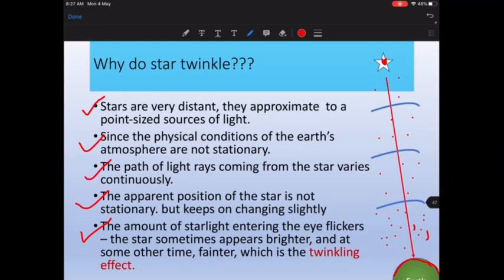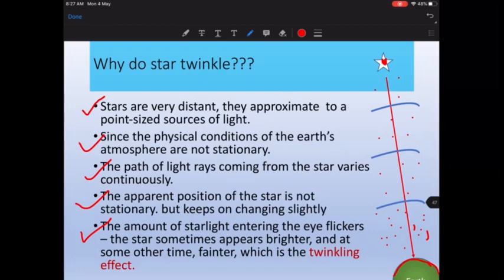So that's why the stars end up twinkling. This effect of the star sometimes getting brighter, sometimes fainter, is known as the twinkling effect. So these are the 4 points which you must write in order to reason why the stars twinkle.